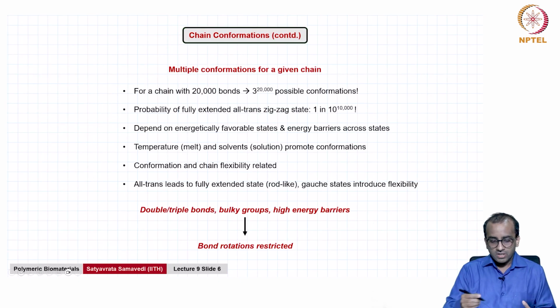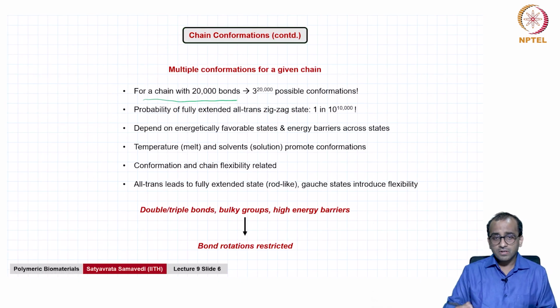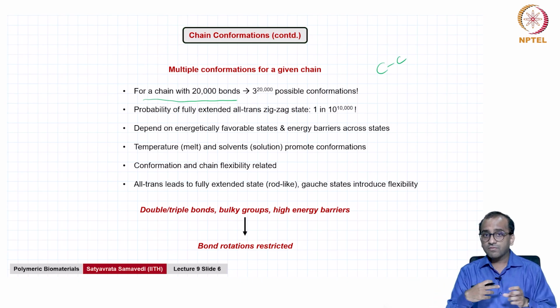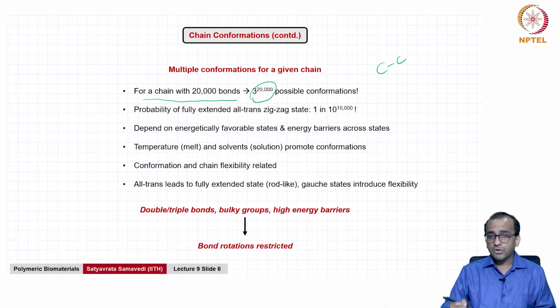Now, for a chain with 20,000 bonds, as we saw, every carbon-carbon bond step has the possibility for 3 different conformations, resulting in 3 to the 20,000 possible conformations.